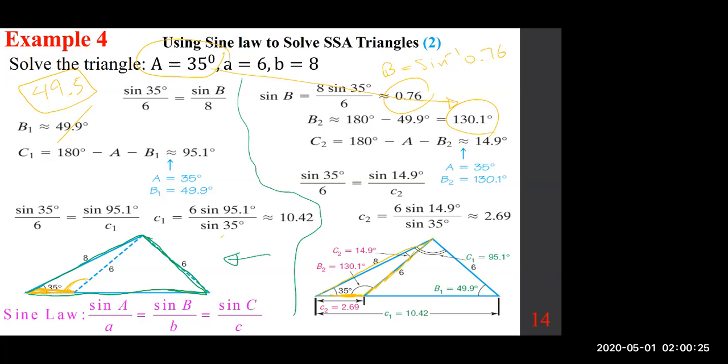The point being, we do get two triangles, okay, class?